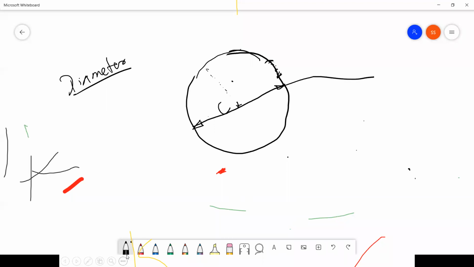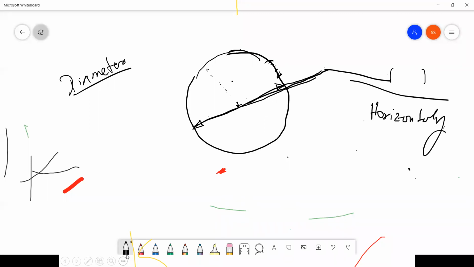You can write something like pi something here. It will interrupt your drawing, so always take the line outside, a straight line, and break it there and write horizontally. Always try to write all the letters horizontally.